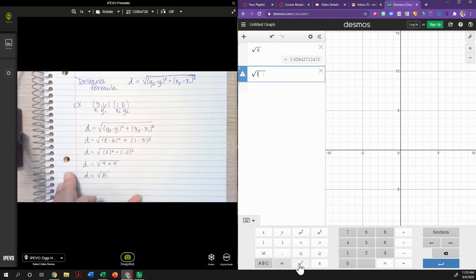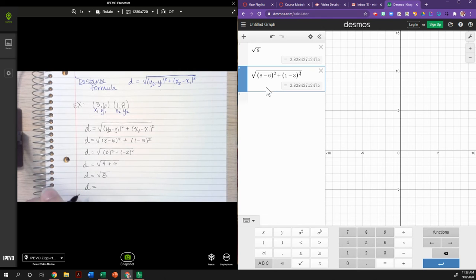So parentheses, 8 minus 6, close the parentheses, exponent squared, plus parentheses, 1 minus 3, parentheses, exponent squared. You can see our decimals match. So you can either type it in as number 1 or like I did here in line number 2, whichever is comfortable for you.